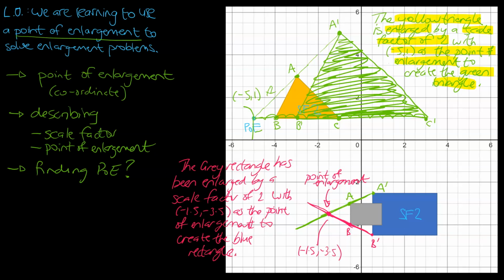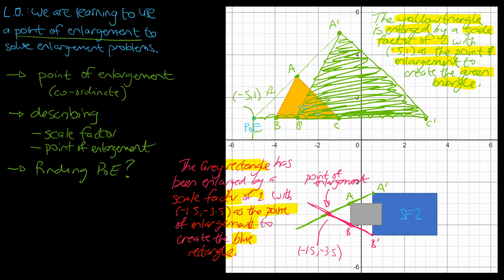And that there would be our description. So we'll just run through that. We have the gray rectangle and the blue rectangle down the bottom. We've got reference to the scale factor. We've got reference to the point of enlargement. And that covers our description.